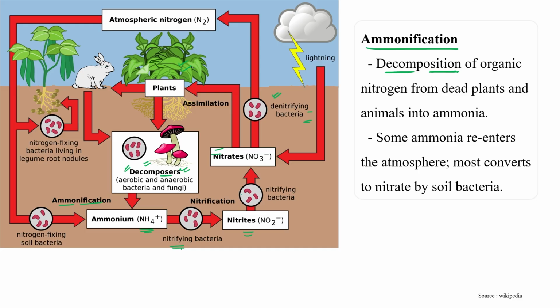So normal atmospheric nitrogen gets fixed into various kinds of nitrite or nitrate in the presence of different kinds of bacteria.